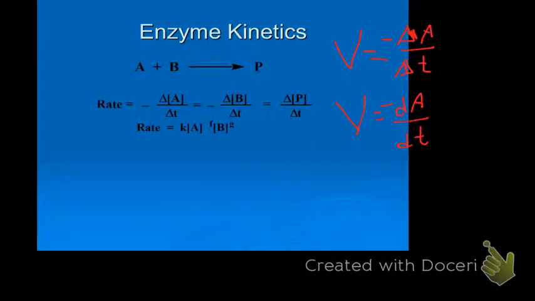Okay, let me erase all those. And then this is just your rate equations, and I don't know why they put the letters F and G. F is just the coefficient here, G would be the coefficient for B. Usually we use like X and Y. I don't know why they liked F and G in this one.